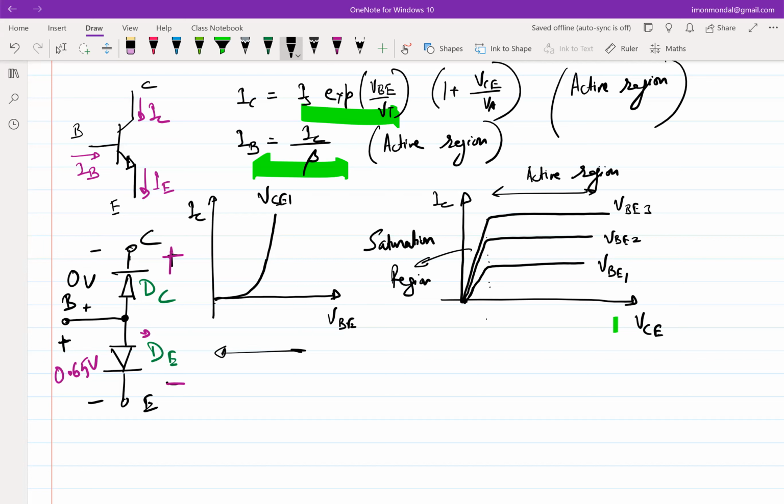So that's when the BJT action gets lost, and when that starts to happen, you enter this other region. So in other words, you would want at least how much drop between collector and emitter? Between collector and base, you want at least 0, and between base and emitter, you want 0.65. So between collector and emitter, you would want 0 plus 0.65, that is 0.65.